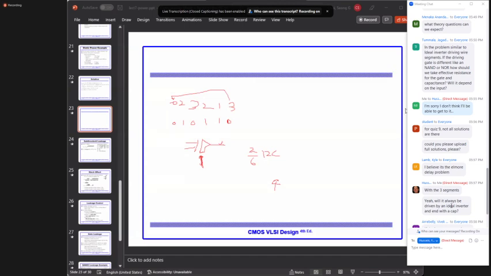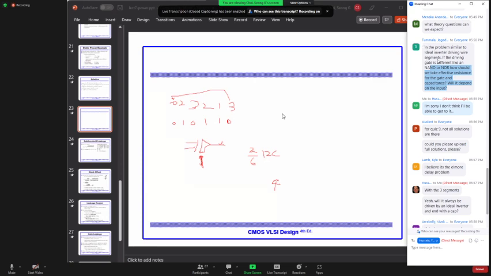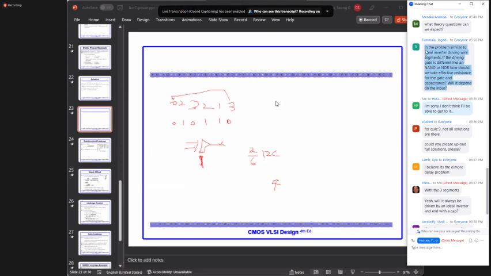There was a question in the chat a few seconds ago. In the problem similar to the ideal inverter driving wire segments, if the driving gate is different, like a NAND or NOR, how should we take the effective resistance and capacitance for the gate? It depends on the gate. If I size the transistors for you, then you have to figure out the resistance that corresponds to the transistors driving it. If I say ideally sized gate, R is always 1.